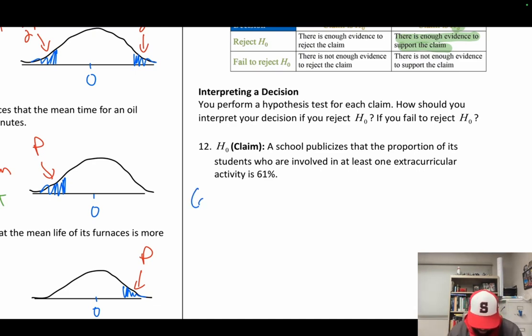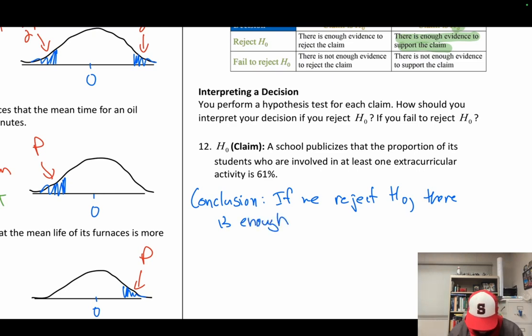So conclusion 1. If we reject the null hypothesis, then there is enough evidence to reject the claim.